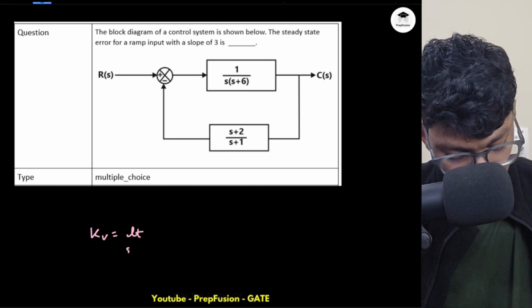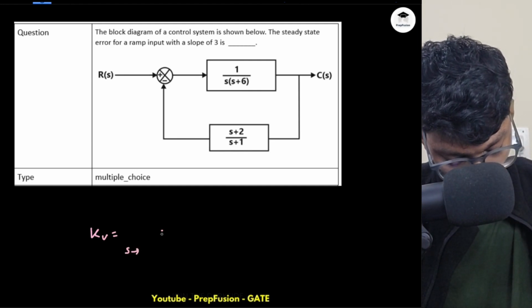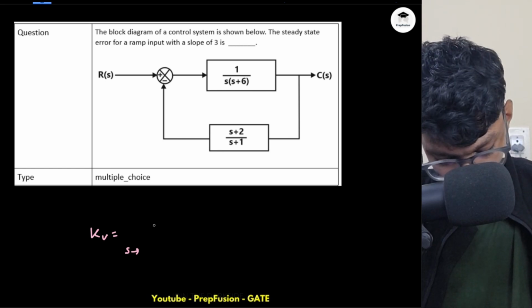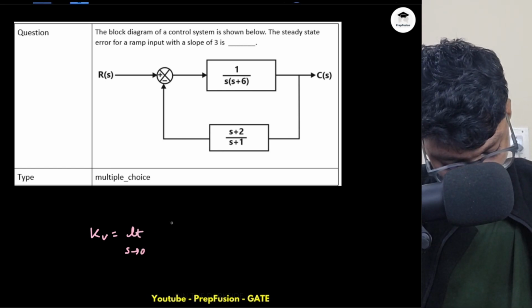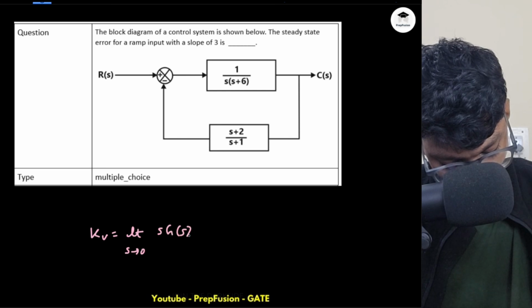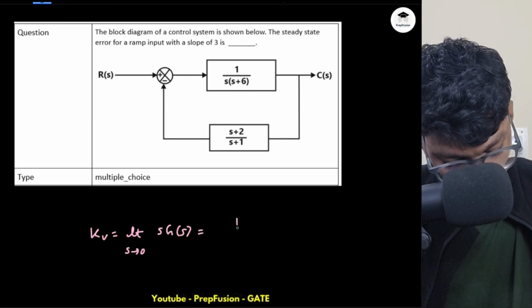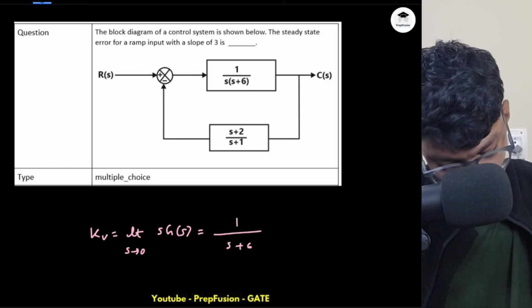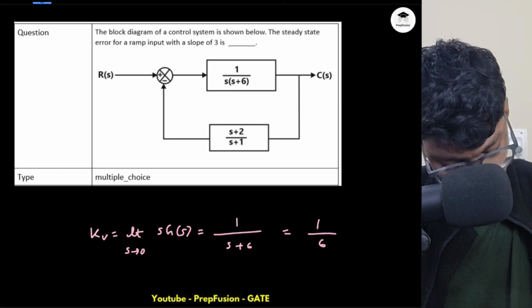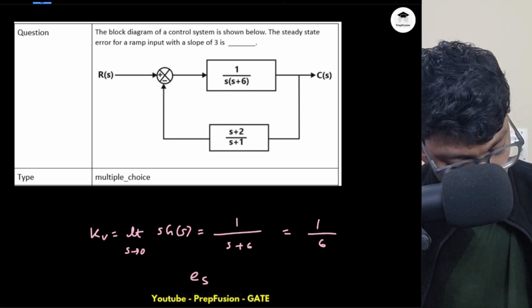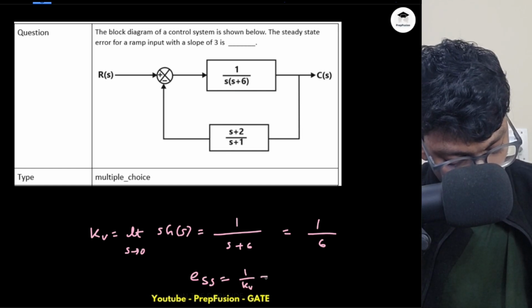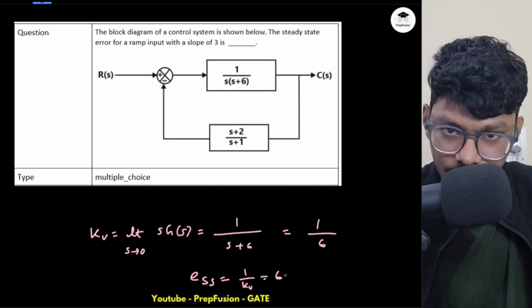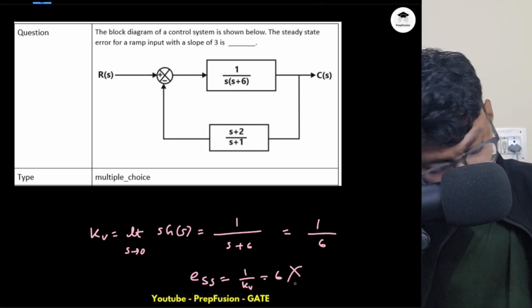KV is limit as s tends to 0 of s G of s. G of s comes out to be 1 by s plus 6, as s tends to 0. So basically it comes out to be 1 by 6. And you know your steady state error is supposed to be 1 by KV for a ramp input, so it will be 6, and you will be wrong here.